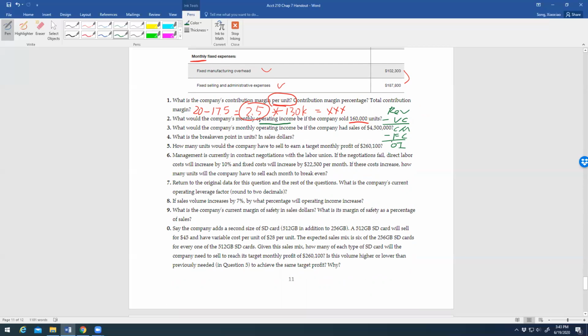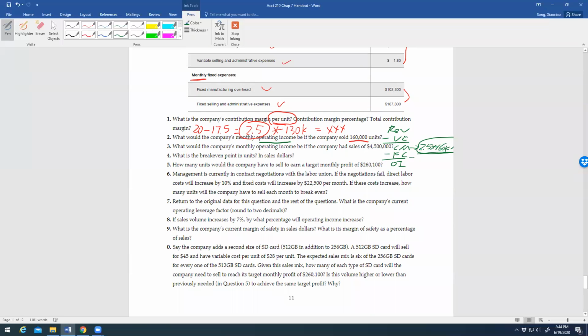So one way is to get the total contribution margin: 2.5 each, and we are now selling 160,000 units. And then we minus all the fixed cost. Your total fixed cost has two parts, so we minus this one and minus this one. Then we can get our operating income. I'm not going to do the numbers for question 2. You can finish this by yourself.